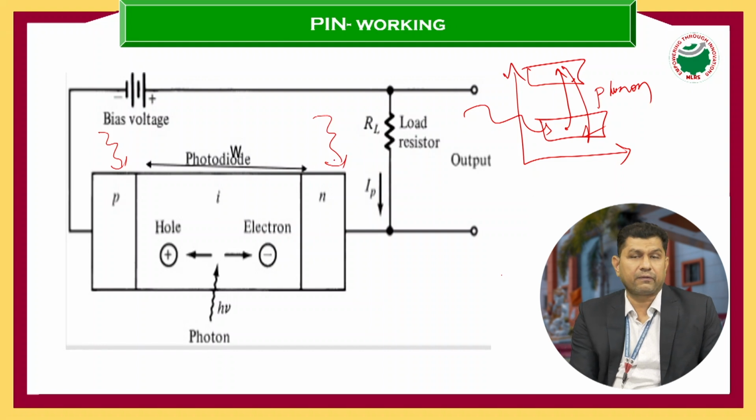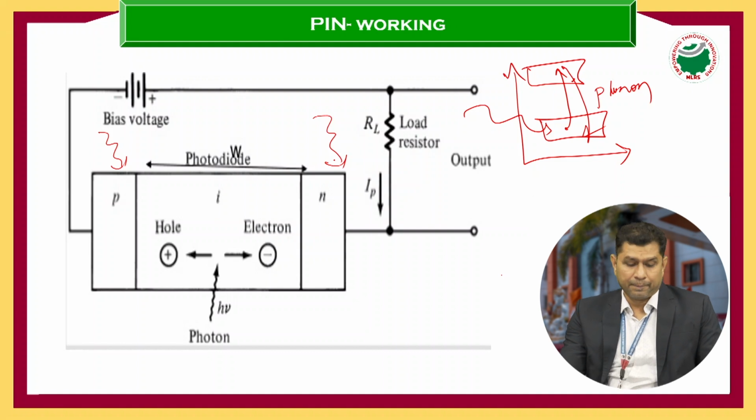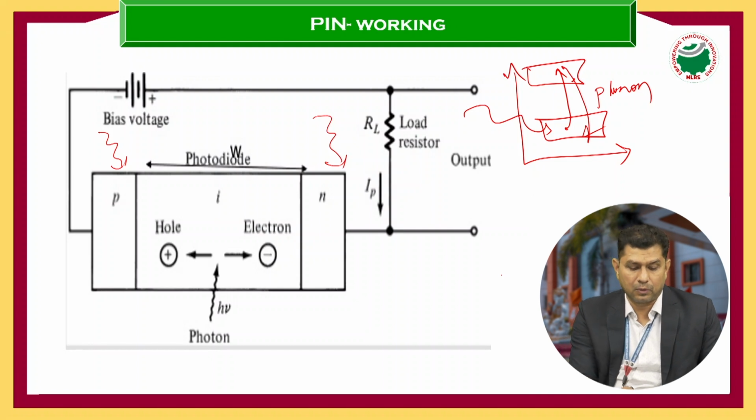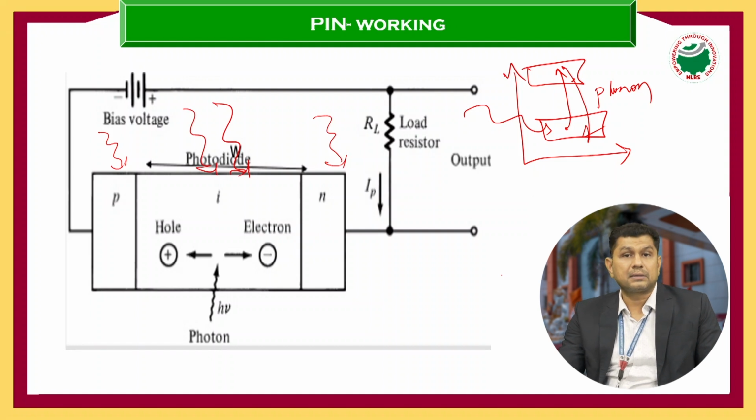But what is the use of it? No use. What is our main intention of this pin diode? The main intention of the pin diode is to detect the incident light, and its brightness. This is possible only when the light is incident on the intrinsic layer.